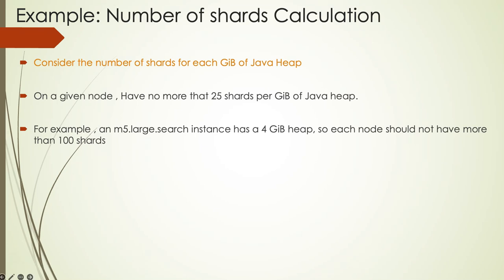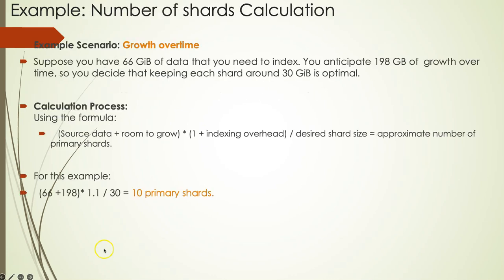So when you're looking to calculate the shards, there are two parts. One is how much data you're looking to have initially, what the room for growth looks like, and then the index overhead, that is 10%. And then, based on what kind of workload you have, you will have the optimal size of your shards, and that will give you the number.